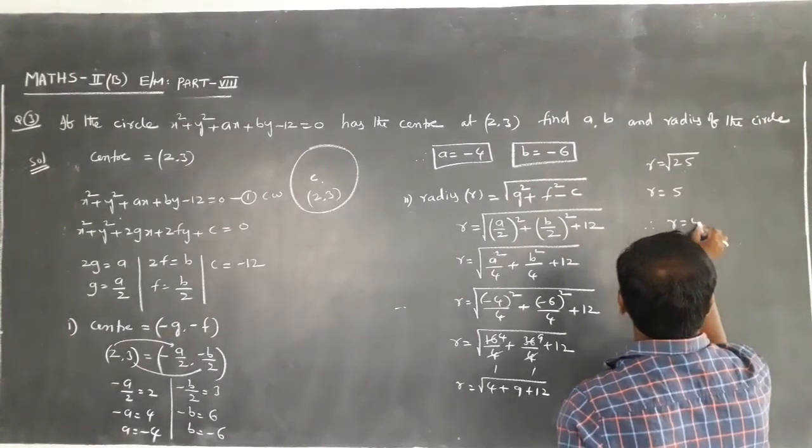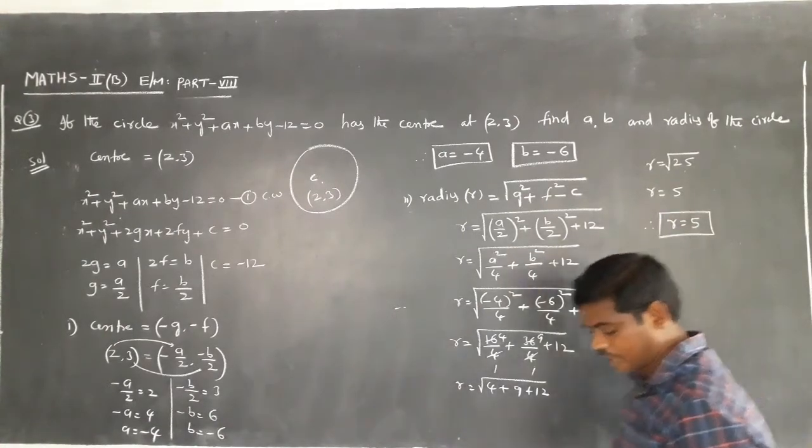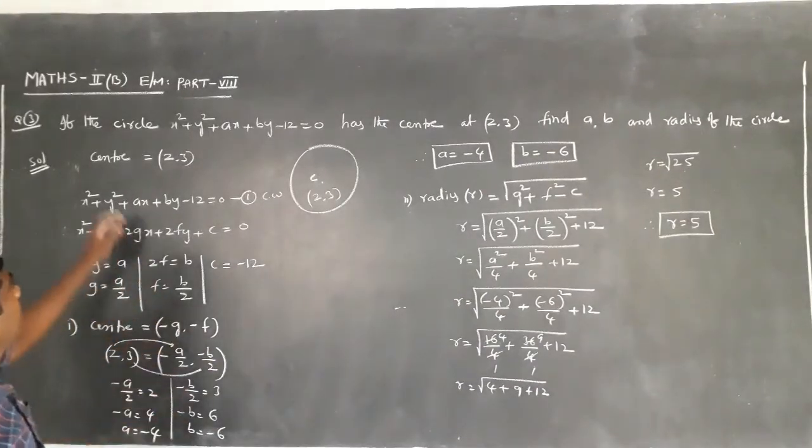Therefore the radius of the circle is equal to 5.